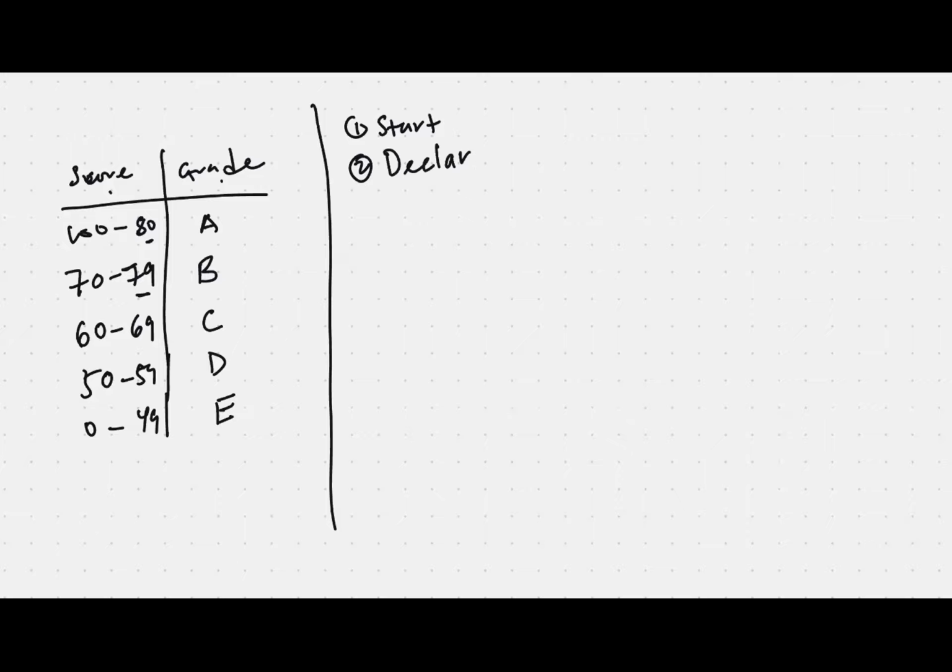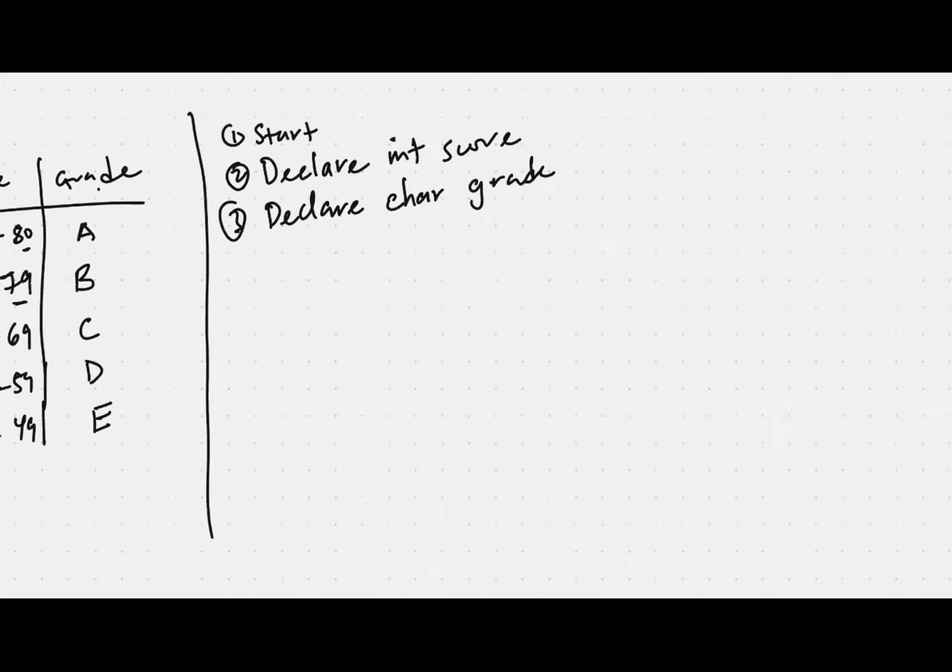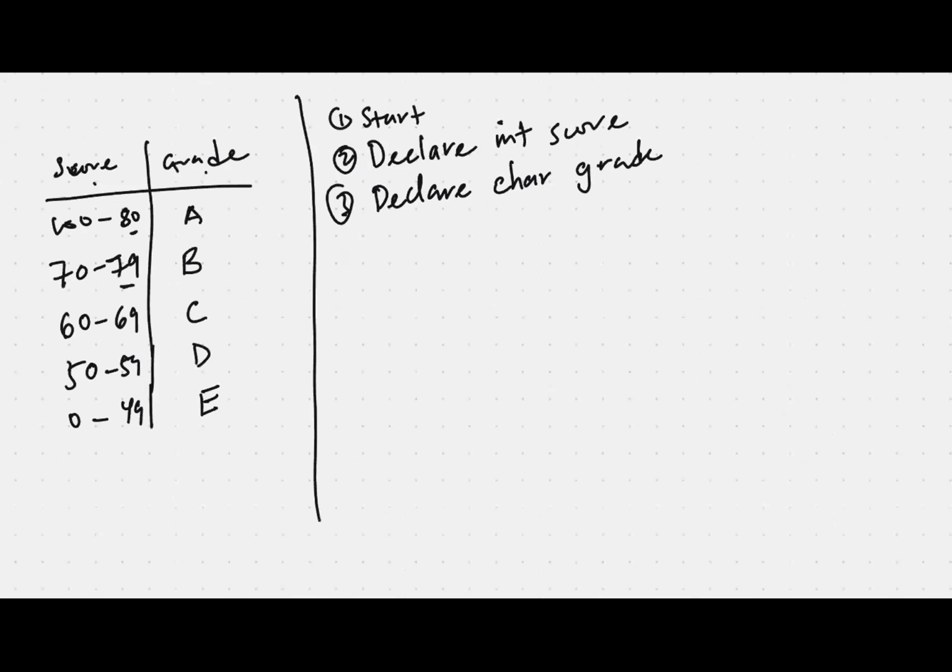So we declare int score, and then we declare character grade. Then we need to collect the score from the user. So number 4, we can do a prompt.